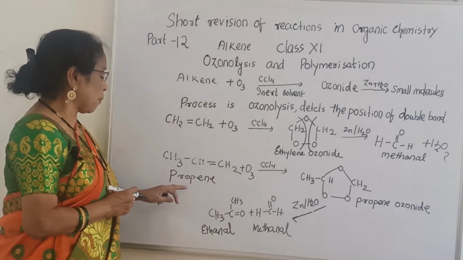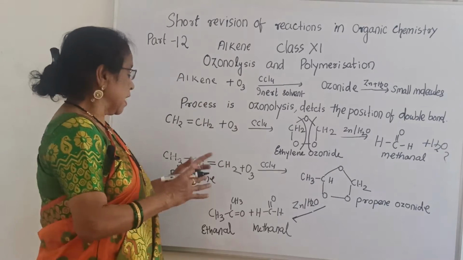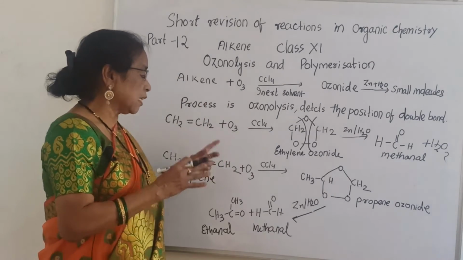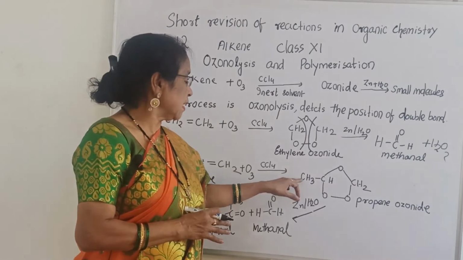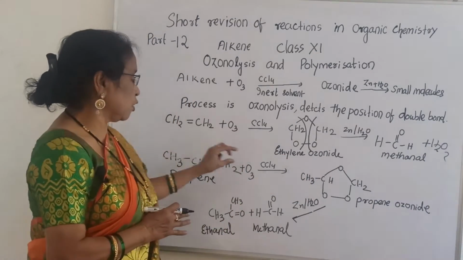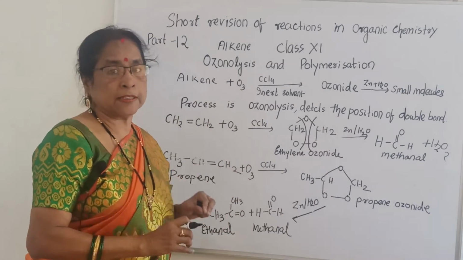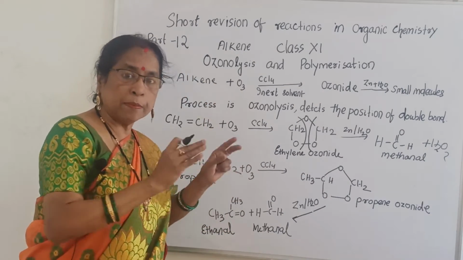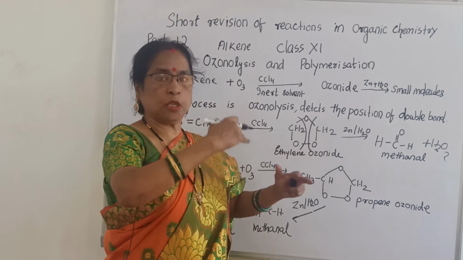Similarly, here CH3CH=CH2. What is that one? Propene. In propene, when you treat with ozone, it gives propene ozonide. See propene ozonide, CH3CH, and where the double bond is present, the bond will break, with 2 oxygens below and 1 oxygen above.